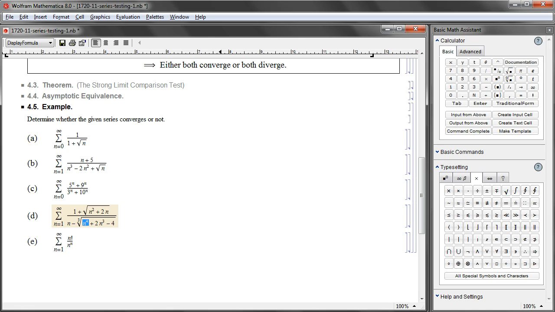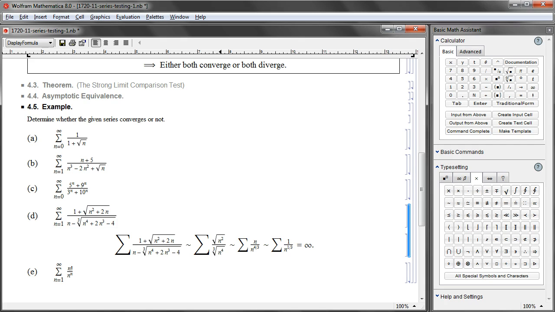And this one n to the fourth power to the 1/3 power, so we have 4/3 power. That's going to be the growth order of the denominator. And after simplification, we have 1 over n to the 1/3 power. P-value is 1/3, so we have to have unbounded series. And this time, I didn't bother justifying it with the limit computation, but you can insert it.